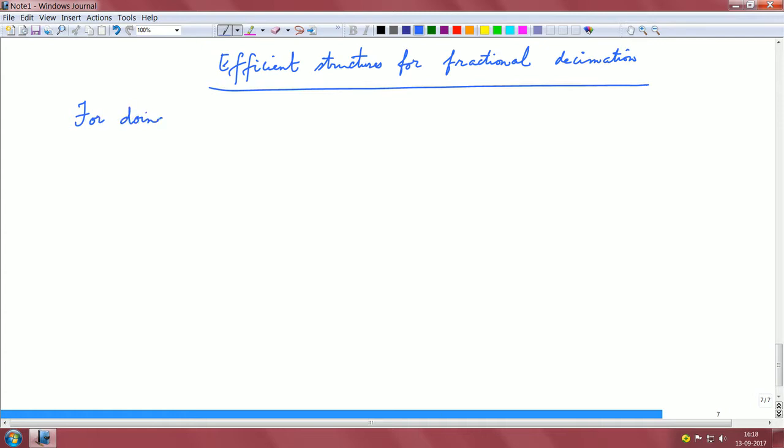For doing an M by L decimation without polyphase, we are very inefficient.